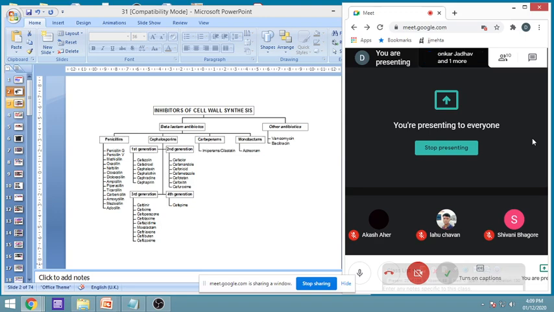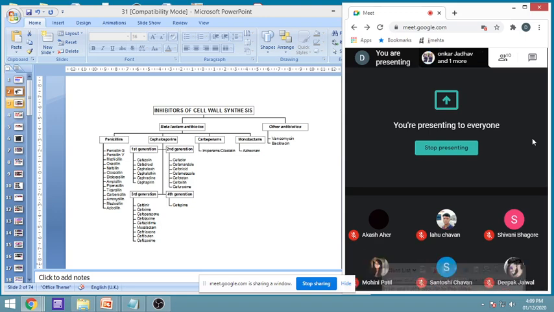Then the other group we call other antibiotics, because they are not classified under any such class. They are separate, isolated, and they don't have any big group of compounds. Out of that, these are vancomycin and bacitracin. These are the two which we classify as other. Now the biggest, the major one, is the penicillins.